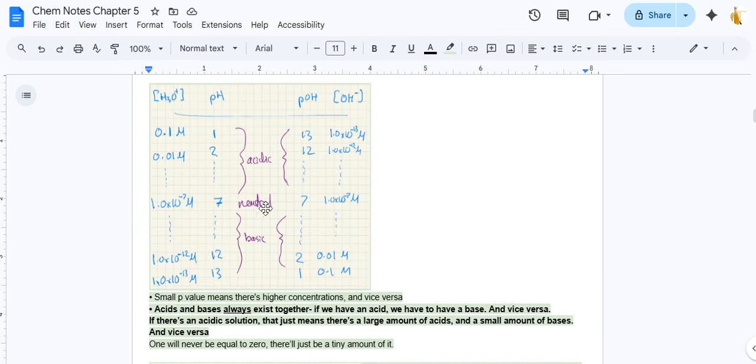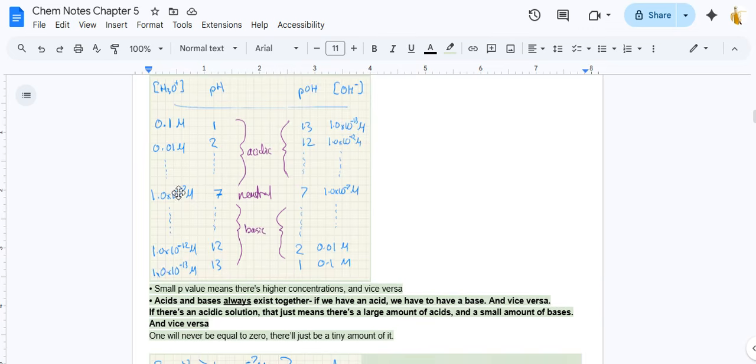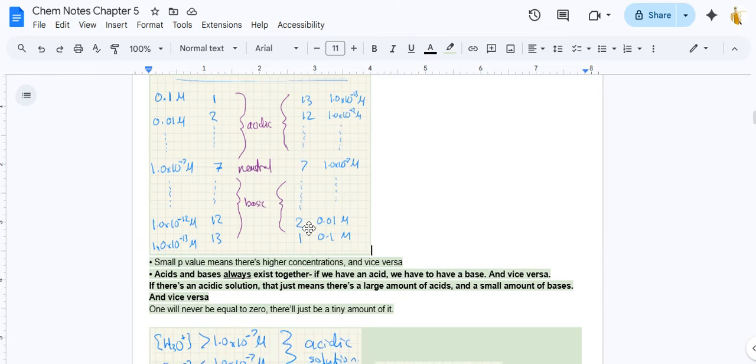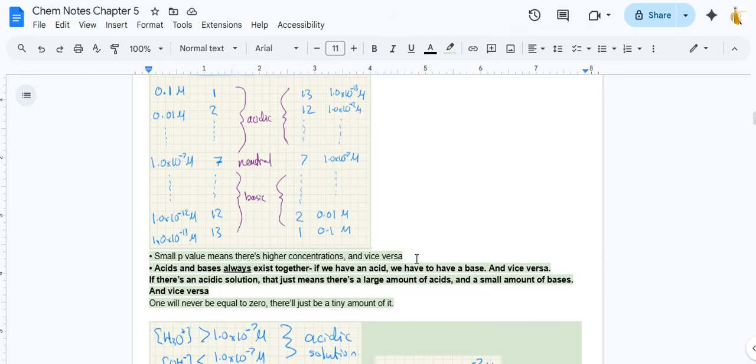And 7 is neutral. This just shows that because of the p function, when the molarity decreases, the pH increases. So just be aware of how that's written. That's what this is.